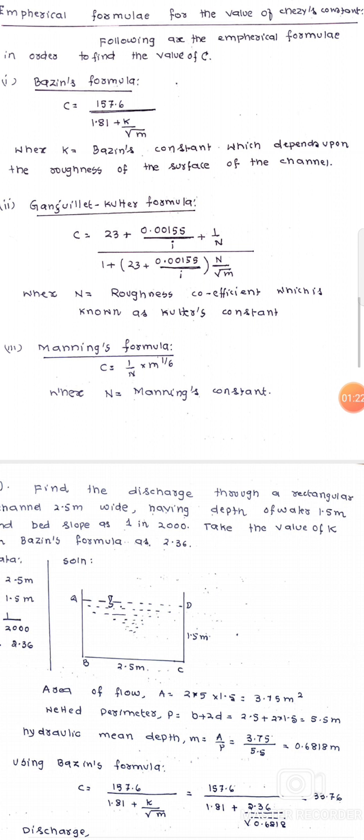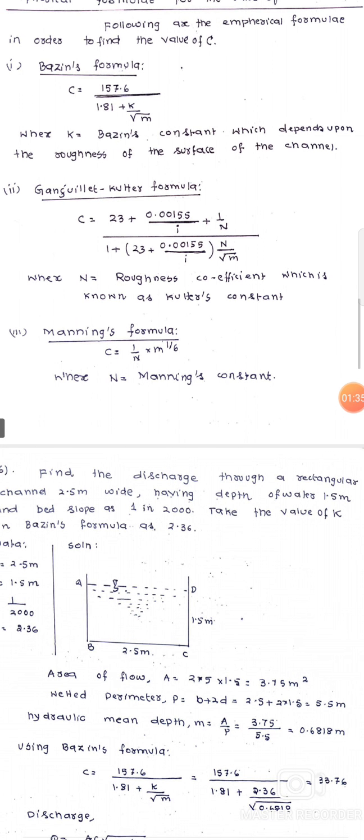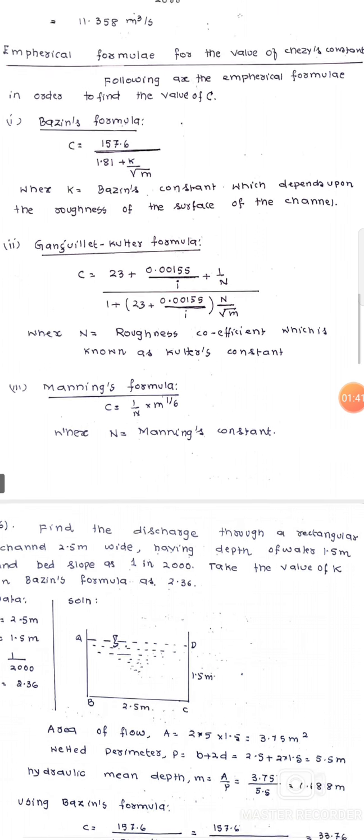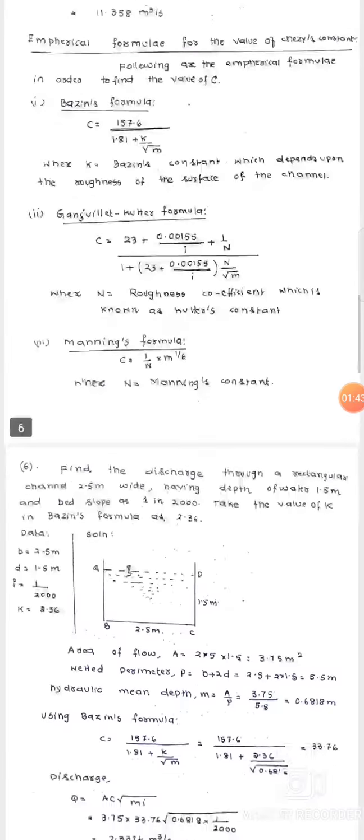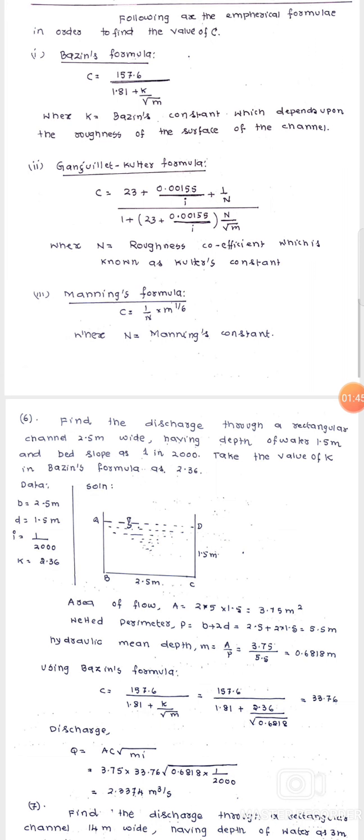Here again C is Chezy's constant, capital N is Kutter's constant, small i is bed slope and small m is hydraulic mean depth. If Kutter's constant is given and the bed slope as well as hydraulic mean depth are calculated, then we can substitute and find the Chezy's constant value.